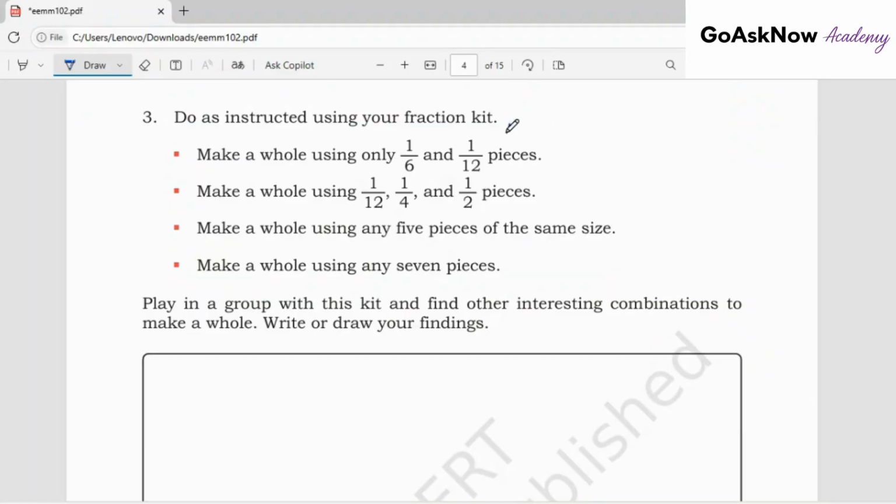Here, multiplying 4 into 1 by 6 is equal to 4 by 6. Next 4 into 1 by 6 is equal to 1 by 12.